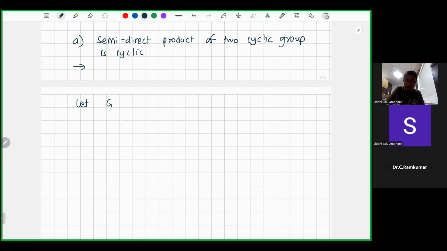Okay, so let G be S3. Let H be the subgroup generated by the transposition (1 2), and N be the subgroup generated by the cycle (1 2 3).